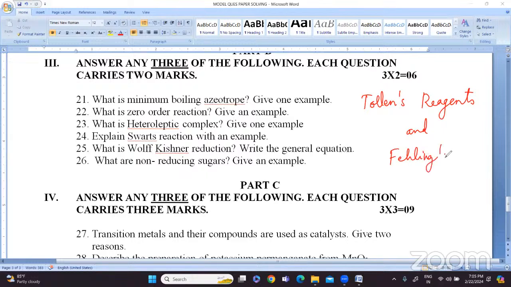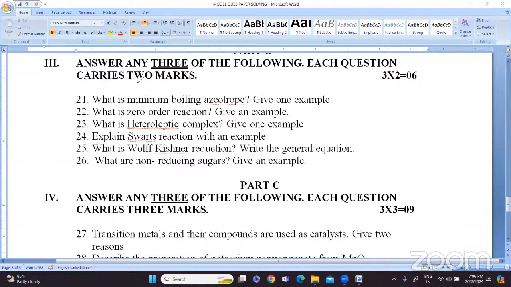What can be an example of non-reducing sugars? Sucrose. So sucrose is the example for non-reducing sugars. Understood?